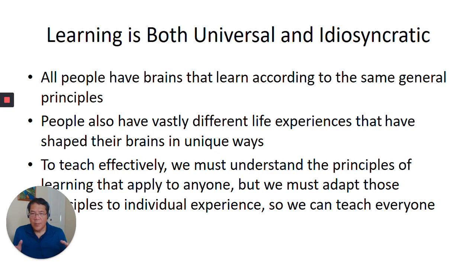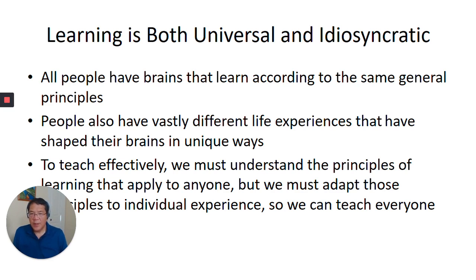So we're going to start with talking about the general principles of learning, but everyone has unique life experiences, so every learner is unique in certain ways. They have vastly different life experiences. So in that way, using these general principles, learners come into our classes with different levels of motivation, different levels of prior knowledge or misconceptions, different attitudes towards our course and our topics.